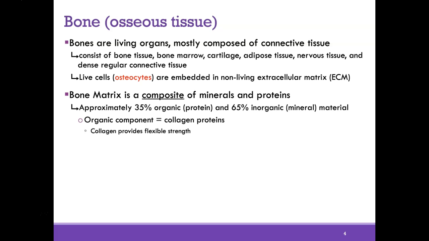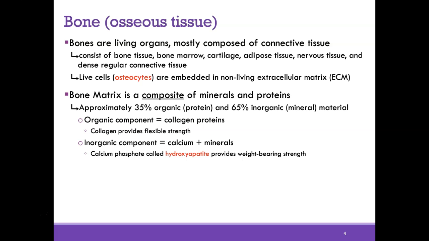So we know that collagen provides a lot of flexible strength, which is really important. The inorganic component is composed of calcium and minerals. And calcium phosphate, called hydroxyapatite, provides the weight-bearing strength required for bone. Also, calcium carbonate is found as part of the inorganic component, and other minerals like fluorine, sodium, potassium, and magnesium.